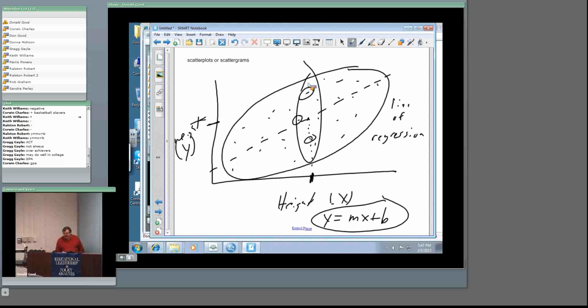Okay, high school GPA. How were your grades in high school? People who made good grades in high school tend to be the ones who make good grades in college. It's not perfect. You got guys like me who made really good grades in high school, and I got to college. I enjoyed college. My GPA shows it for the first 2 years.